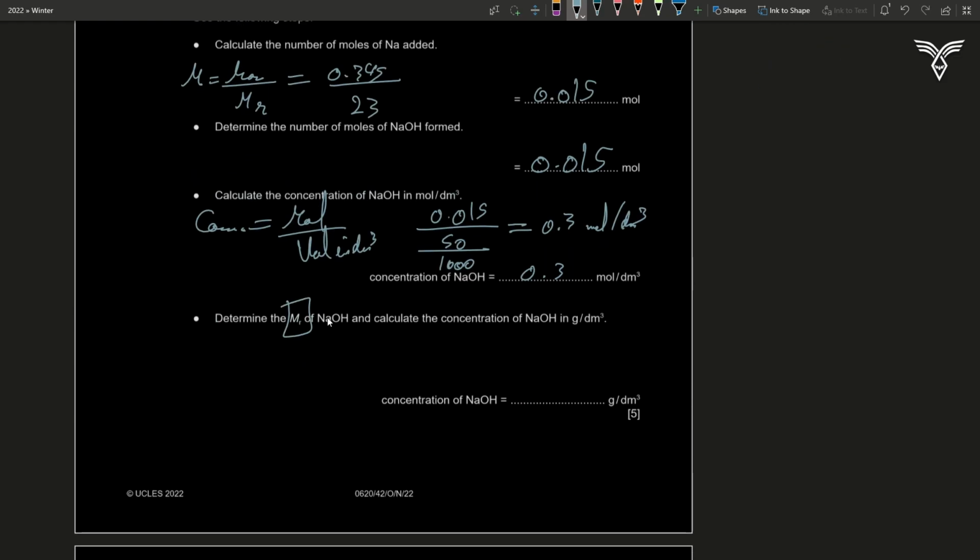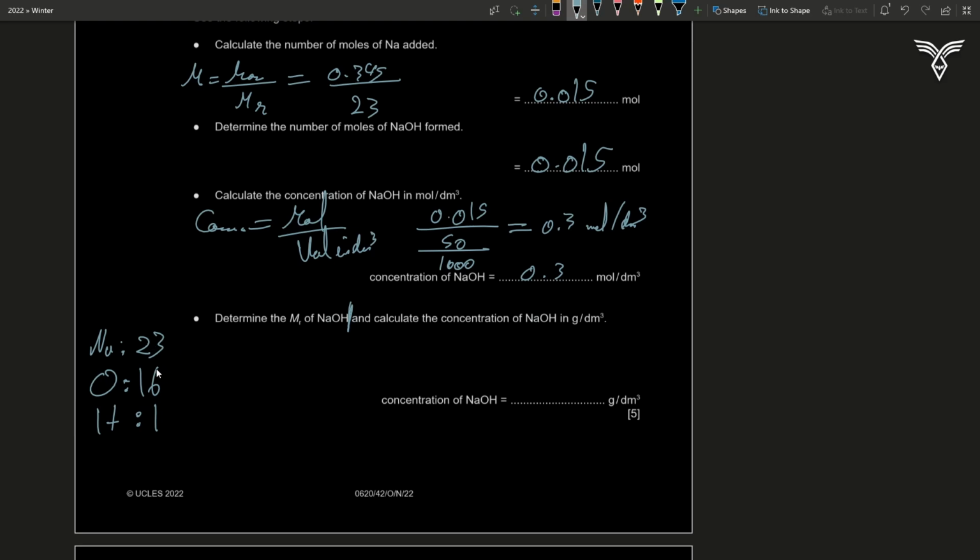Determine the molecular mass of NaOH and calculate the concentration of NaOH. Let's start with the first part: determine the molecular mass of NaOH. We know the molecular mass of sodium is 23, oxygen is 16 and hydrogen is 1.